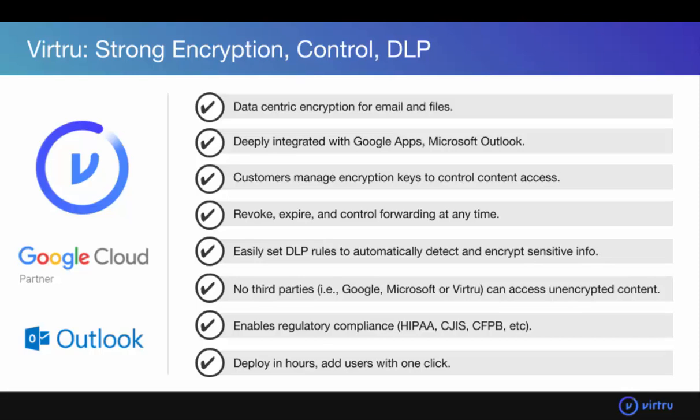All of these will be pre-built or natively built into your email environment, and allow you to control your encryption keys and manage those for yourself. So those are the key aspects of Vercher, and now we will open it up for questions.